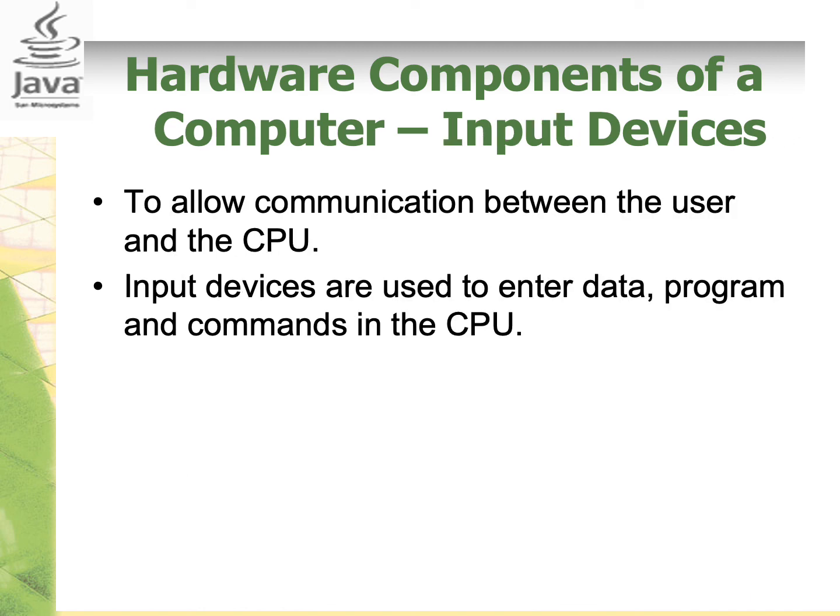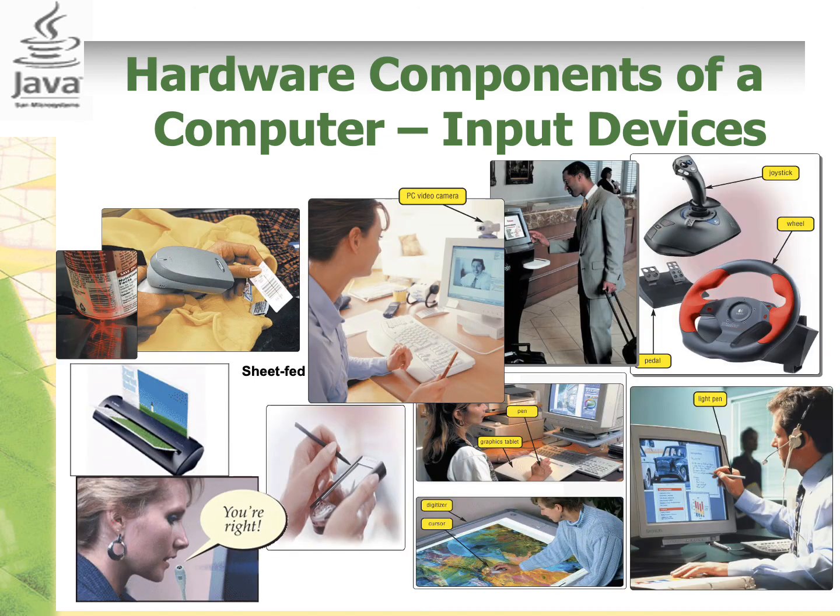Input devices allow communication between the user and the CPU. They are used to enter data, programs, and commands into the CPU. This slide shows examples of input devices such as the keyboard, mouse, microphone, and also the scanner.